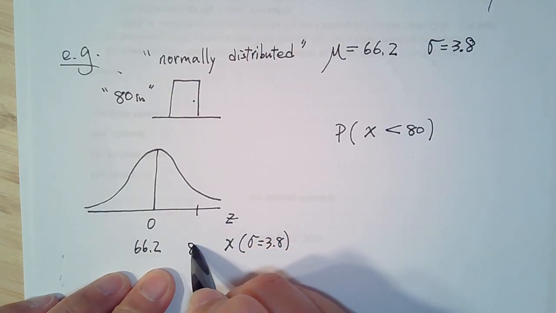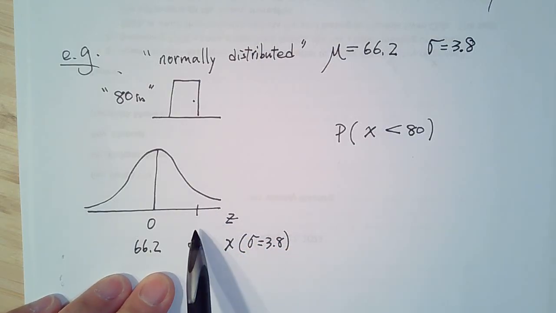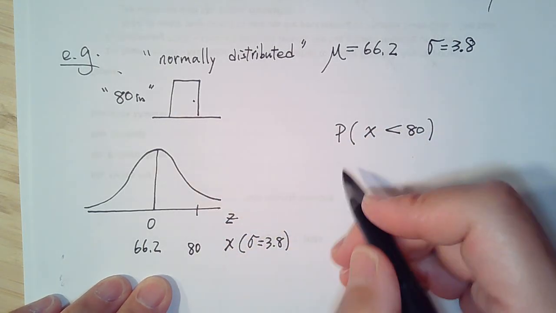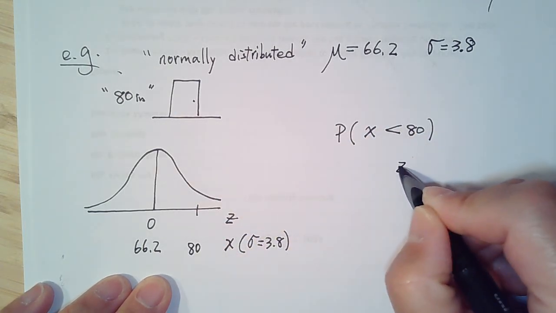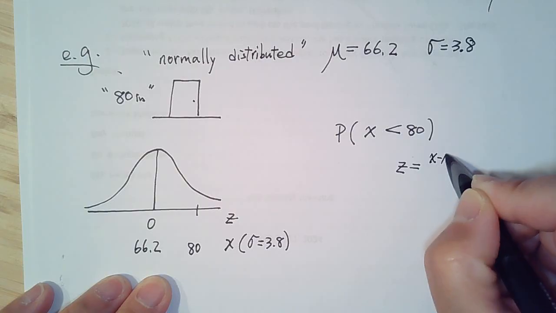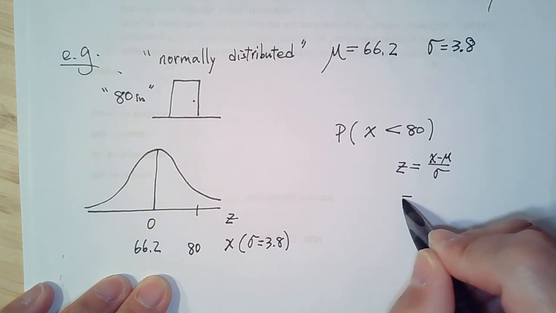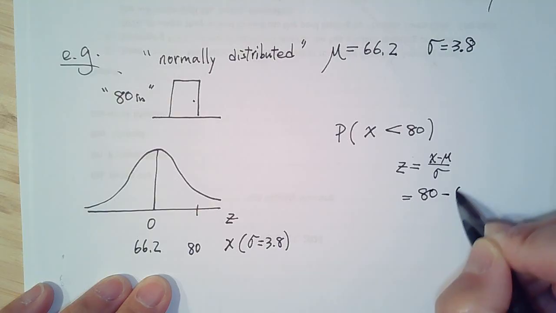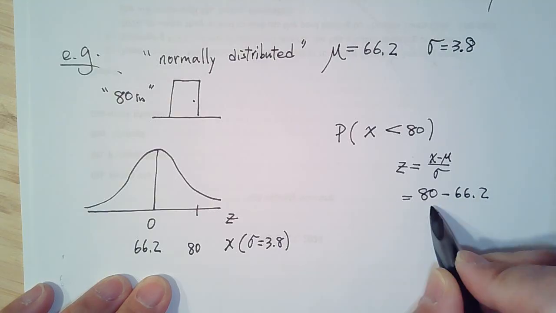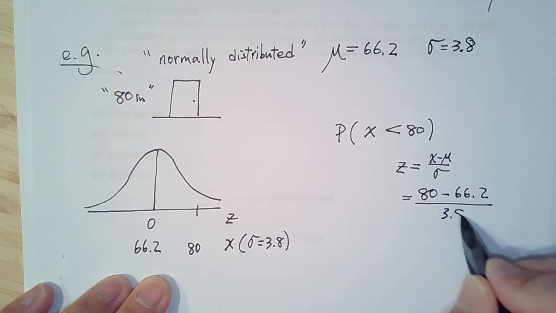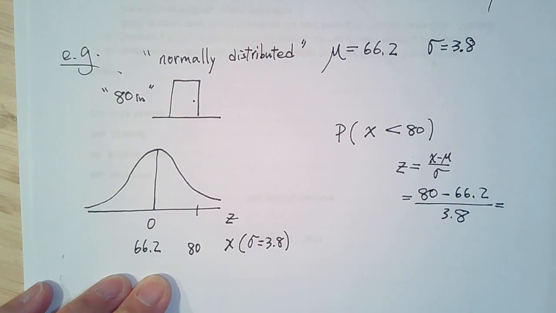So that's 80. Did you notice that you have to find the z-score here? The z-score for 80 is x minus mu over sigma. So that will be 80 minus 66.2 divided by 3.8. Okay, so you're going to use your little calculator.